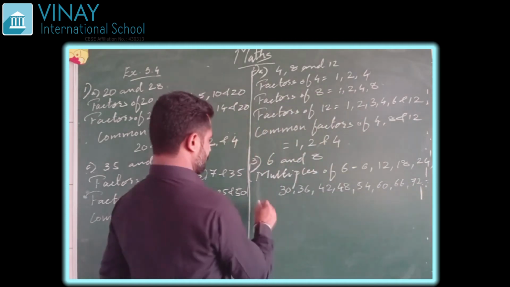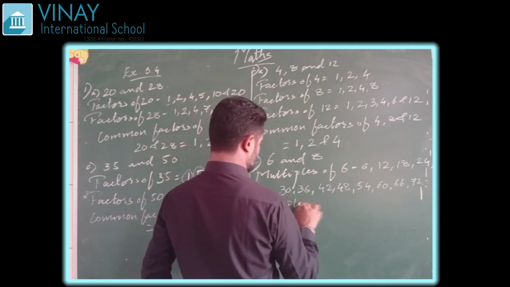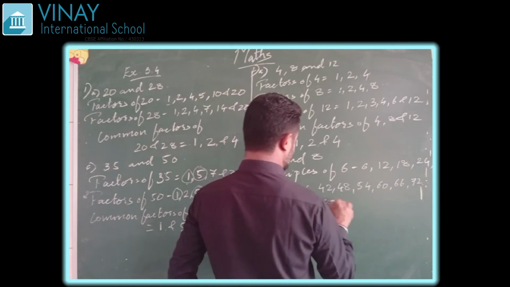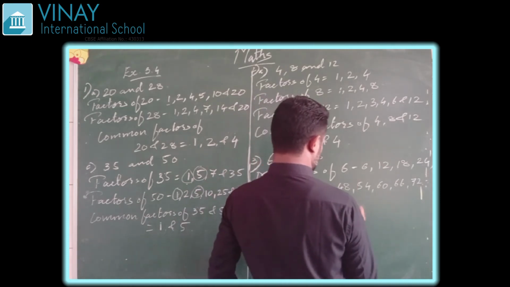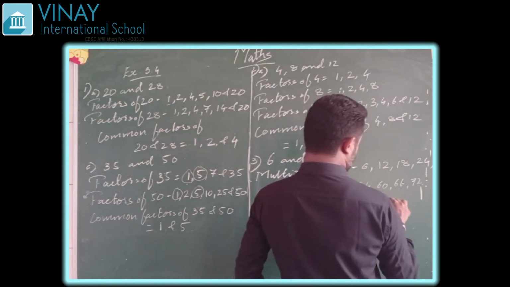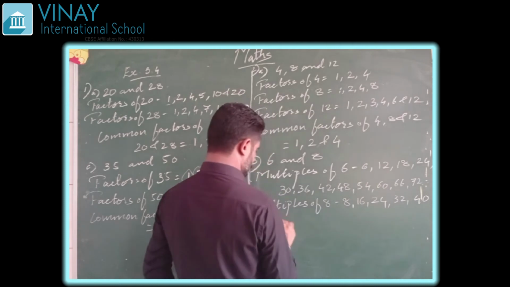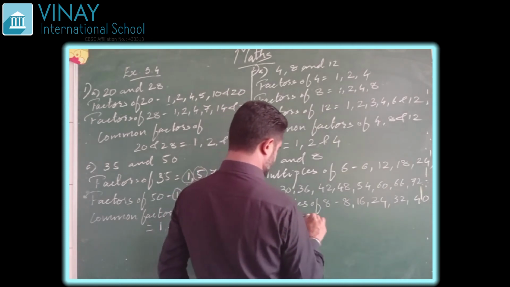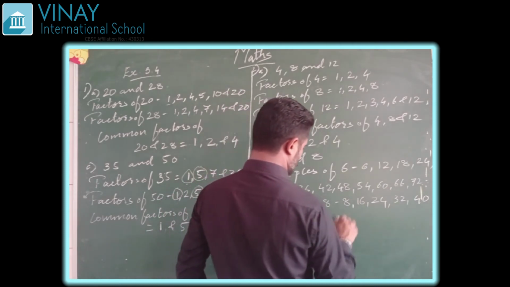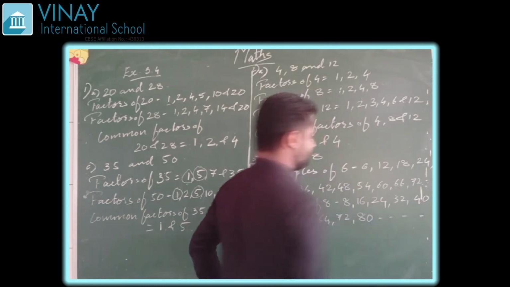In the same way, multiples of 8 are 8, 16, 24, 32, 40, 48, 56, 64, 72, 80 and so on.